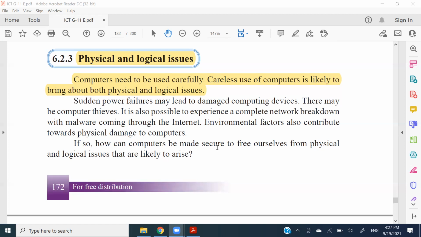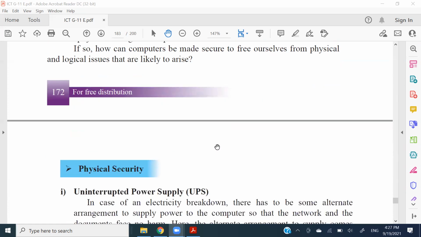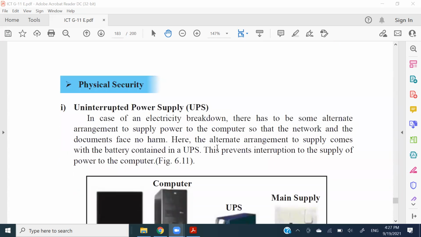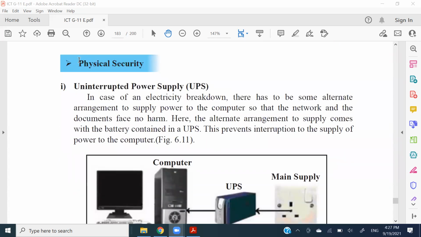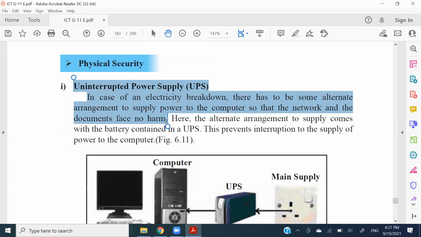Okay. So here comes the physical security. Have the subheading physical security, and write down this highlighted part.